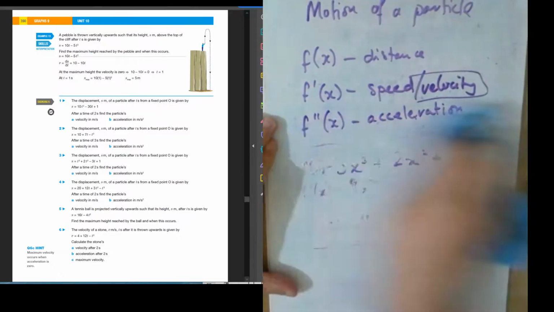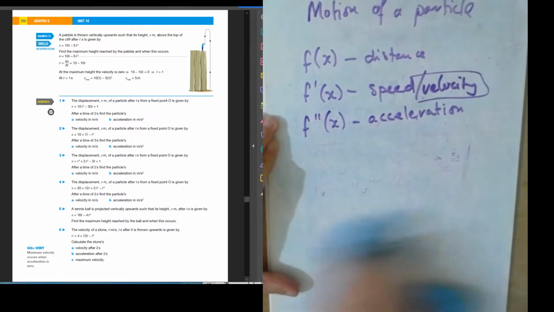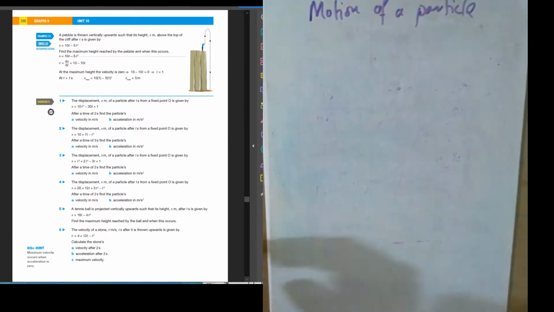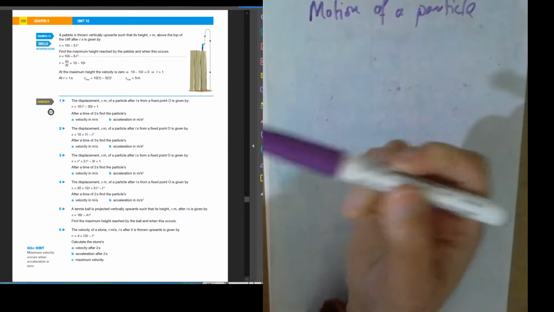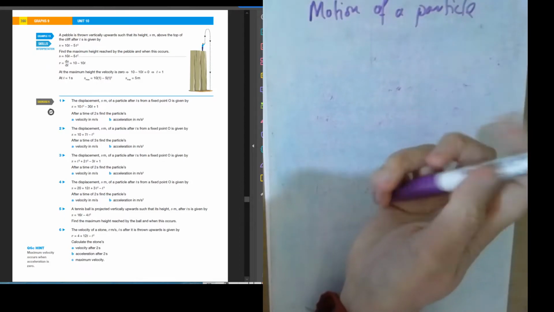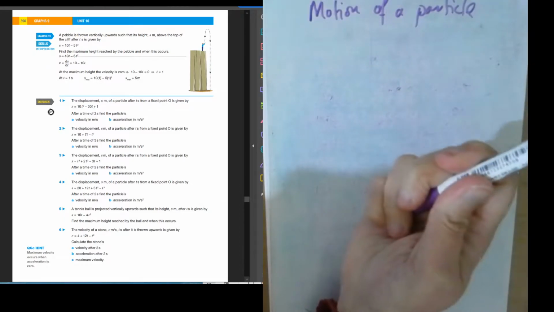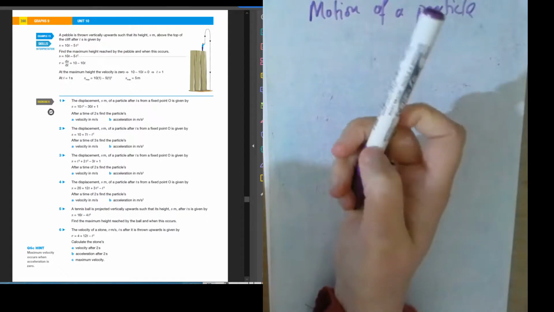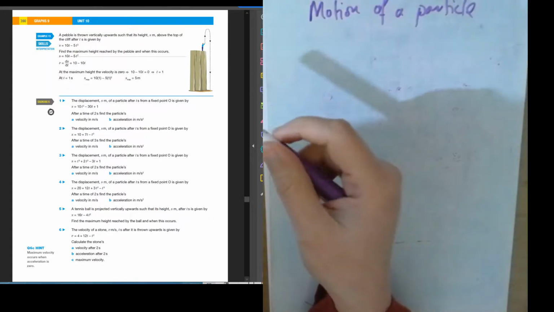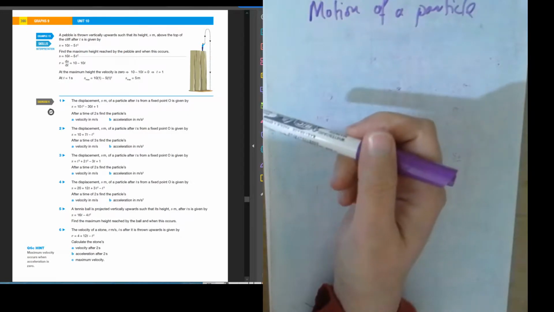So let's run through the question. Even if I just look at that question up there, where it says a pebble is thrown vertically such that its height above the top of the cliff after t is given. So they are saying s equals 10t take away 5t squared.